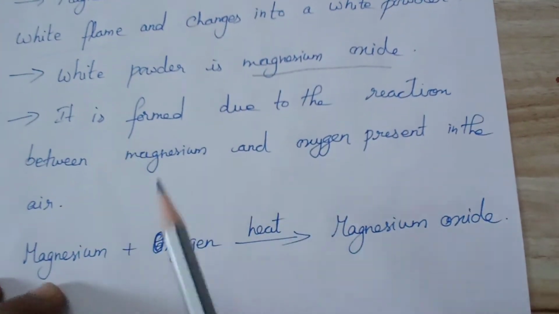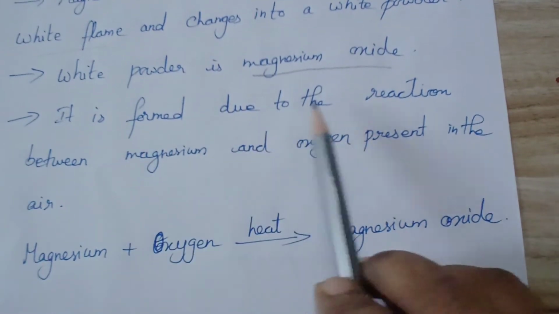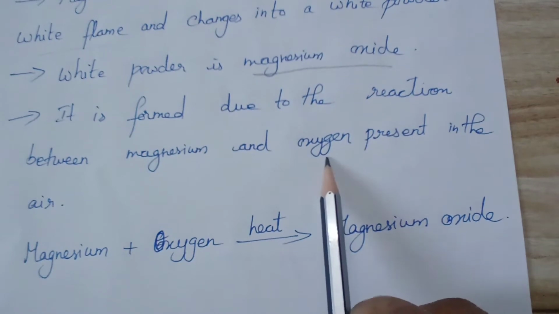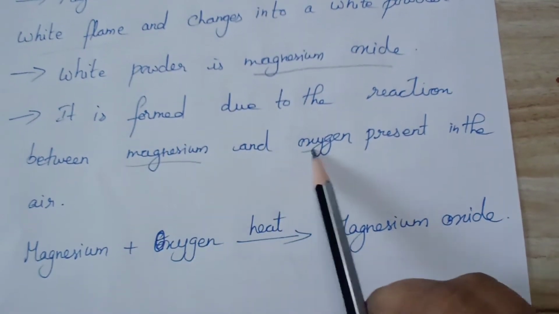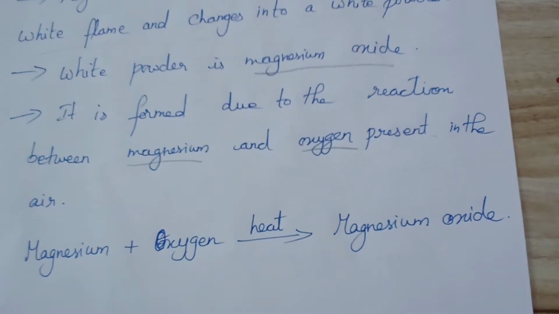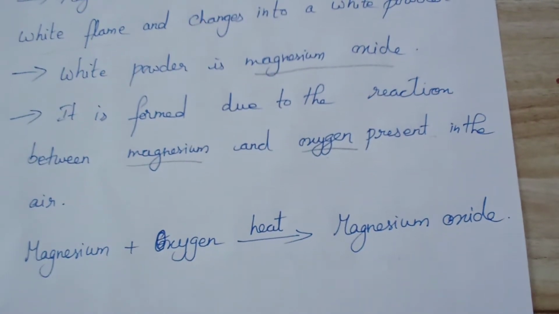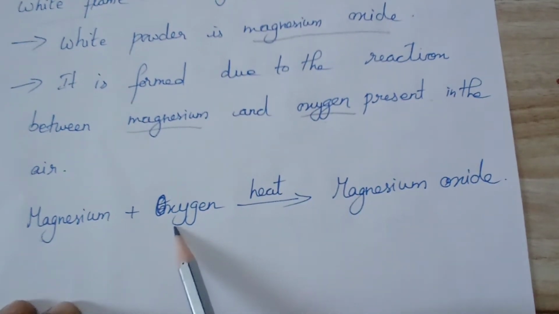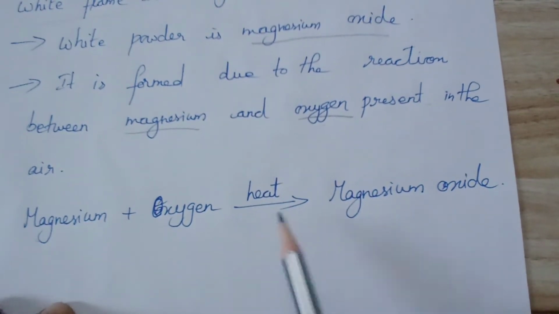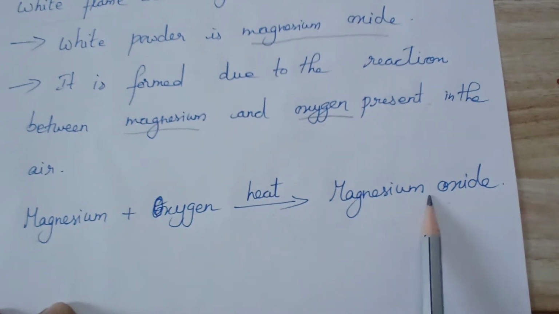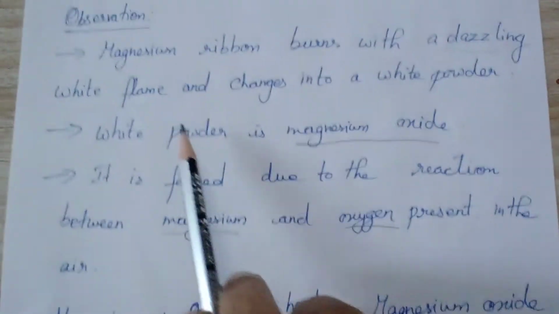How is it formed? It is formed due to the reaction between magnesium and the oxygen present in the air. Magnesium plus oxygen, in the presence of heat, forms magnesium oxide. Clear? Magnesium oxide is white in color.